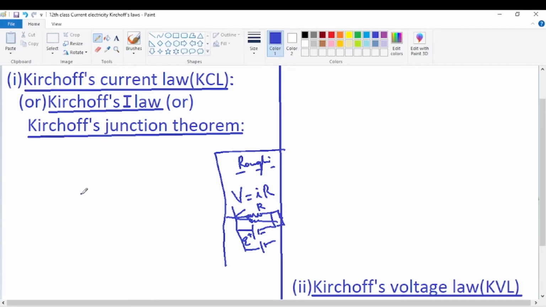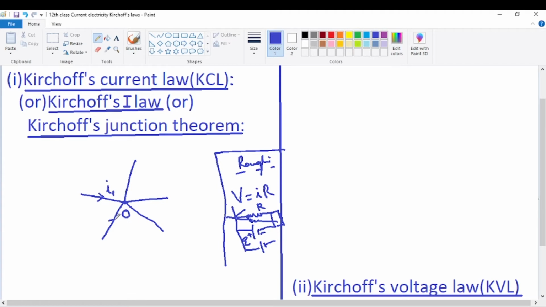This is one conductor this way, another conductor this way, and another conductor this way. So another conductor this way, another conductor. So at this point, many connectors are actually connected together. So this point is simply called the junction of different conductors. So in the first conductor, a current I1 is flowing.